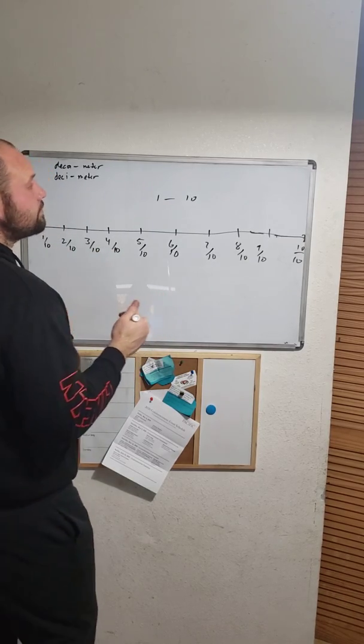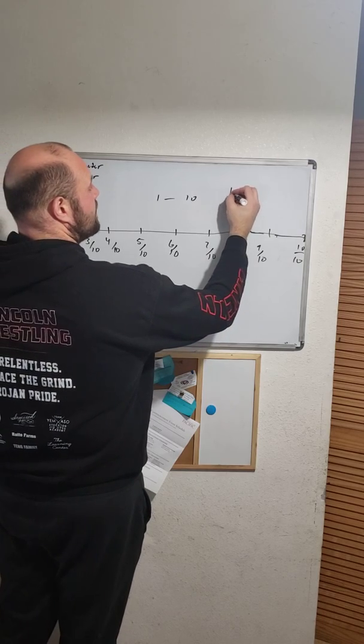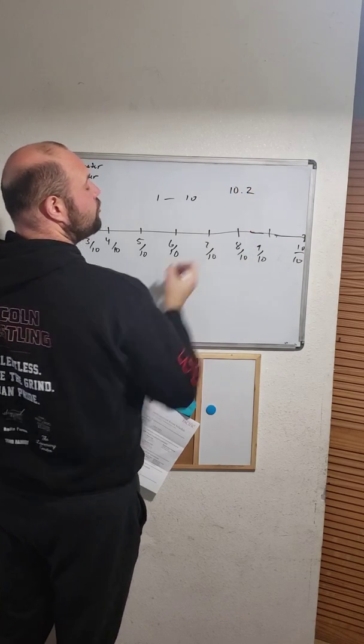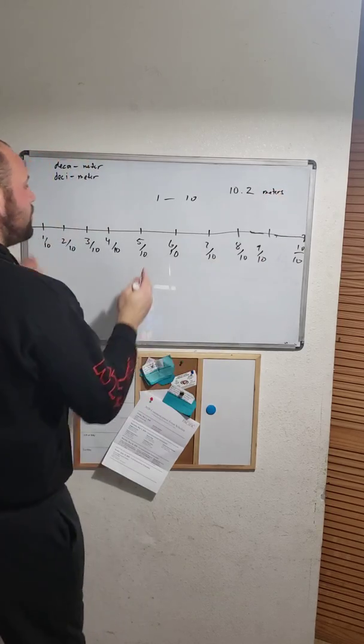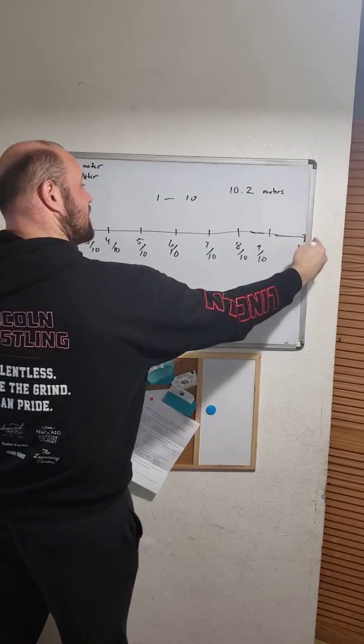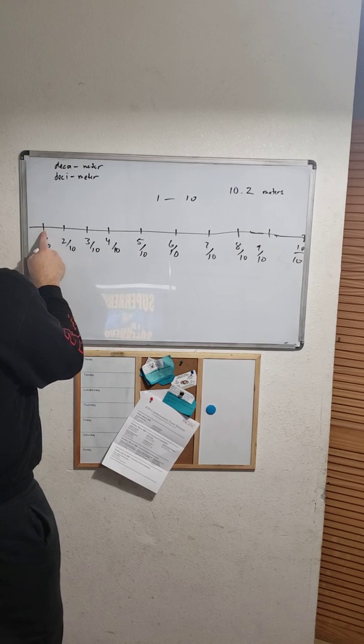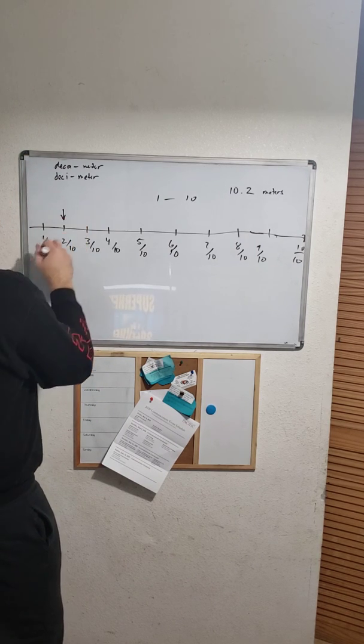So if we have 10.2 meters, it would be 10 of these meters and then 0.2, right?